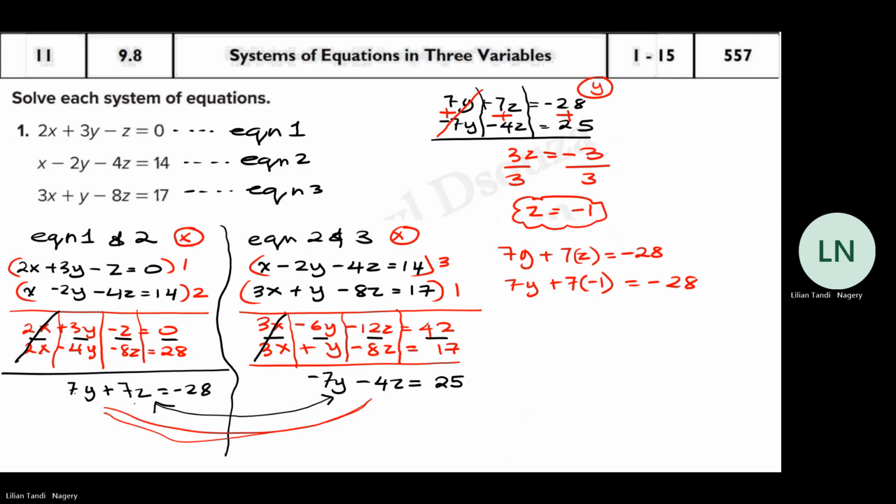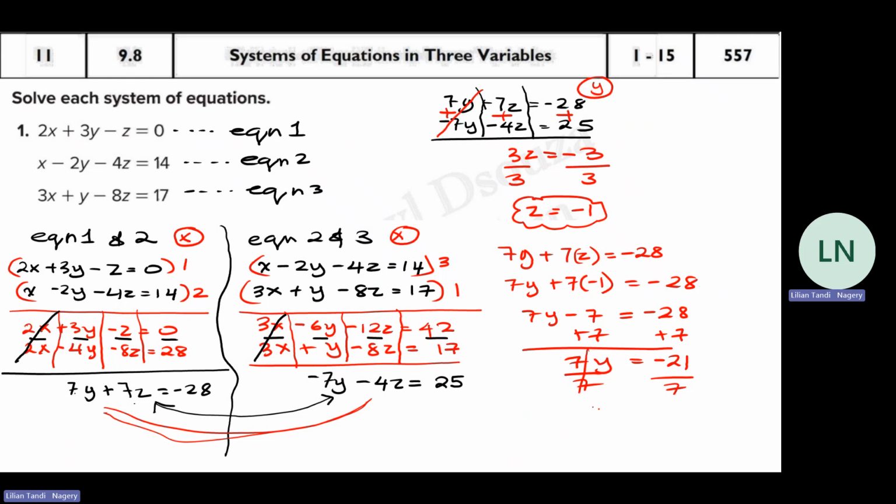Then 7y minus 7 equals negative 28. Then what do I do? Plus 7, plus 7. 7y equals negative 21. Divide by 7, divide by 7. That goes away. y equals negative 3.